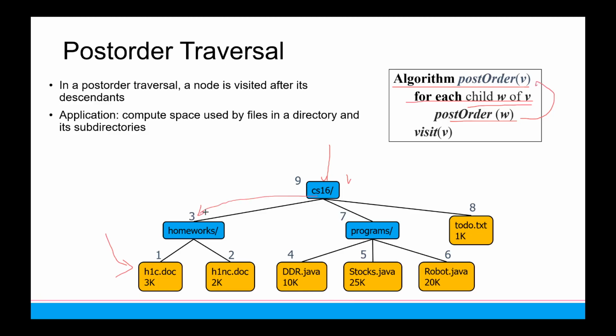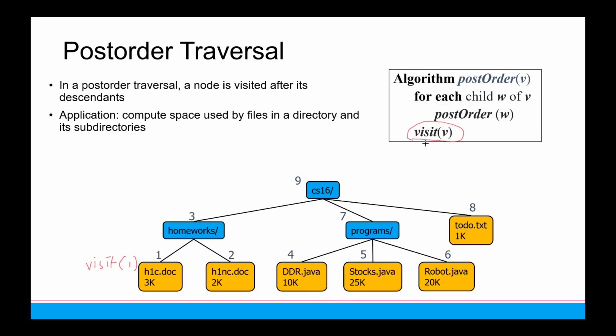This is a child. Then for each child w of v, this is a new v, there is a child here, post order. Then post order again. Now for each child w of v, this is a new v. Is there any child? No child. Because there is no child, we will visit v. So visit 1.